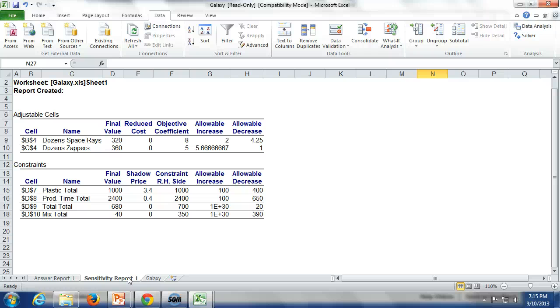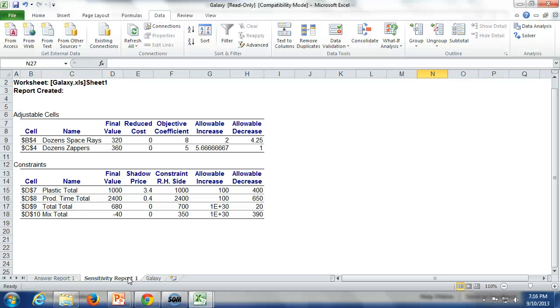If we get 2 additional units of plastic, our profit's going to increase by $6.80. If we get 3, it's going to increase by what? $10.20. For every additional unit of plastic we acquire, our objective function value will go up $3.40. Does that make sense? It's telling us, hey, this is what's holding you back, and an additional unit of this resource would help you make more. That's what the shadow price represents.